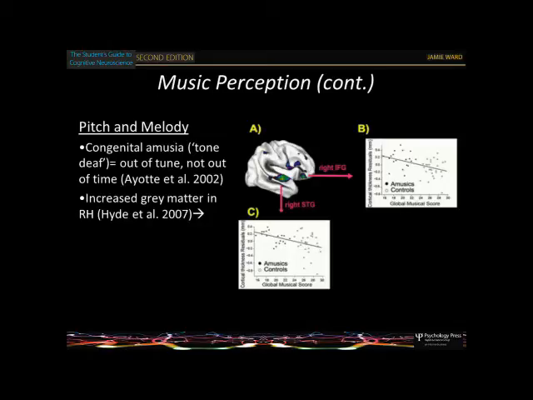One theory is that over development you almost finely tune your brain to make it efficient. You actually have to get rid of certain things. It's not clear what's being got rid of here, but perhaps you're tuning your brain in to certain styles or whatever, and this is not happening in these people.